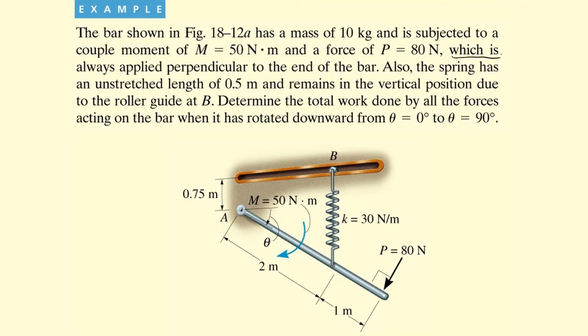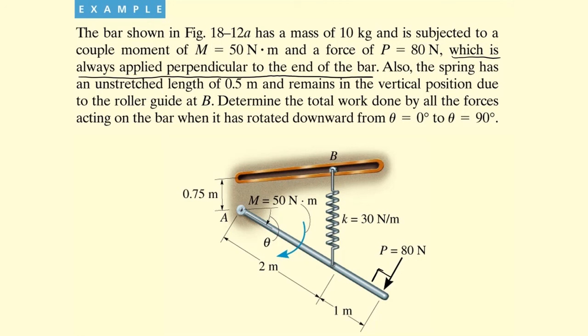This is a very interesting statement. So the force of 80 Newtons is always perpendicular to the end of the bar. Also, the spring has an unstretched length of 0.5 and remains in the vertical position due to the roller guide at B. So the spring is always going to be vertical.